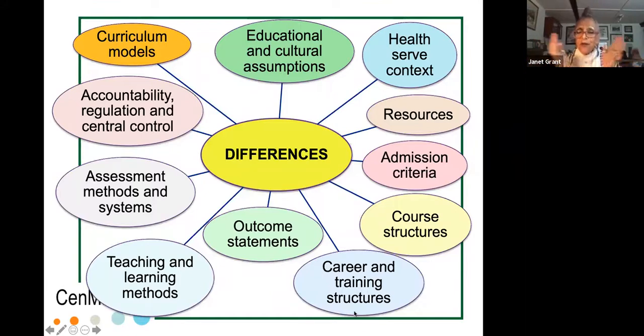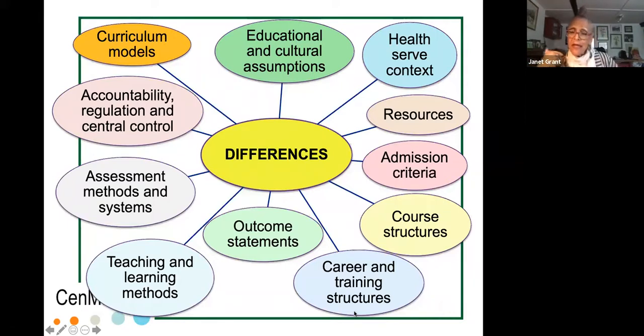There are lots of different curriculum models, in the way in which they are regulated and controlled. They're different in their assessment systems and their assessment methods, in teaching and learning methods. They're different in the way in which they state the intended outcome, and we'll come back to that. And they feed into different career and training structures.